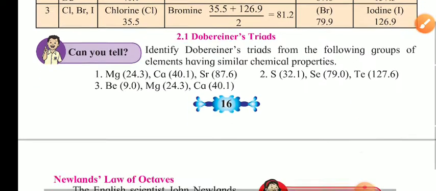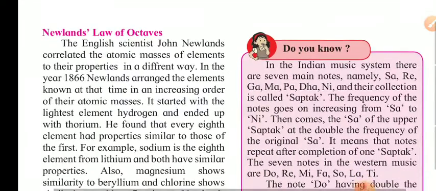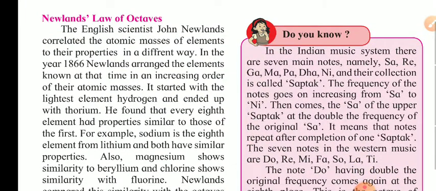After that, in this particular section, when the new elements came after the research or the new elements were discovered, this Dobereiner triad failed to explain the triads for them, and that's why the Dobereiner triads failed in the proper classification of elements.